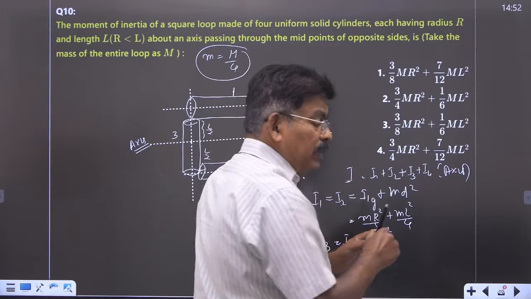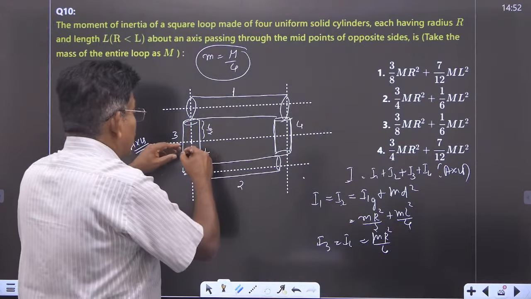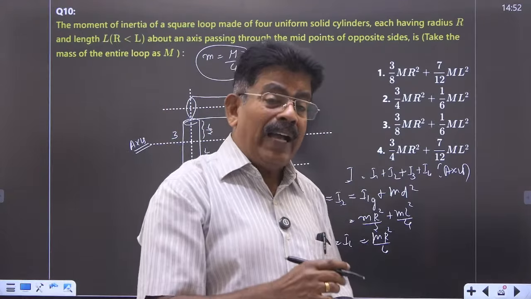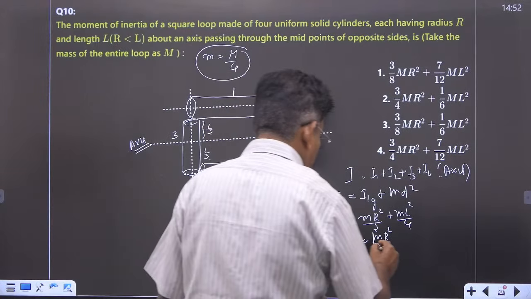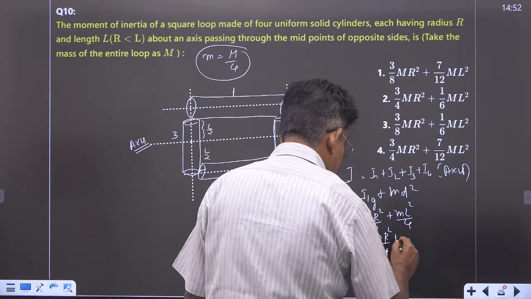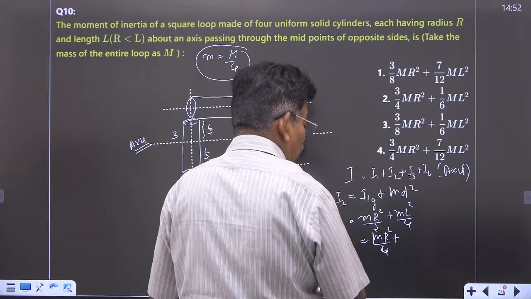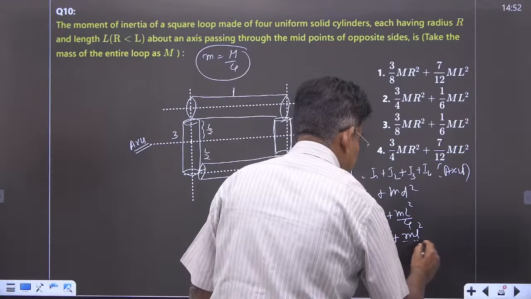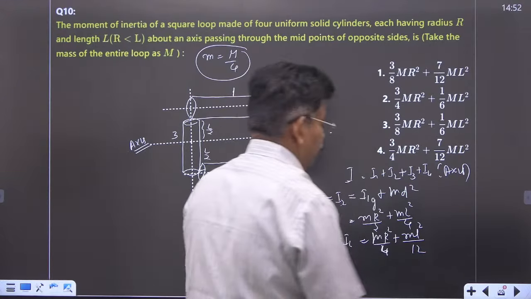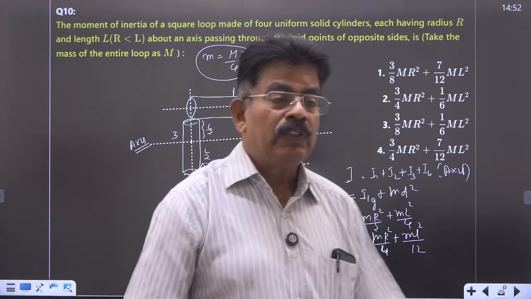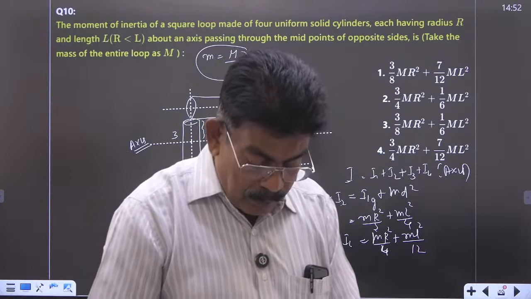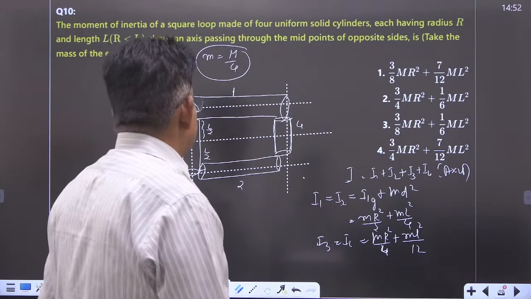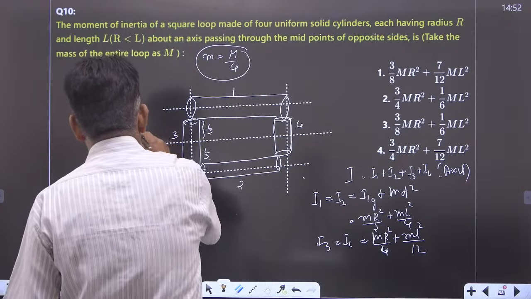Because this axis is along its diameter, it's rotating like this. So m r squared by 4 plus, passing through the middle of the rod, m l squared by 12. Okay, so this is the moment of inertia of these two rods, I3 plus I4, about the common axis.